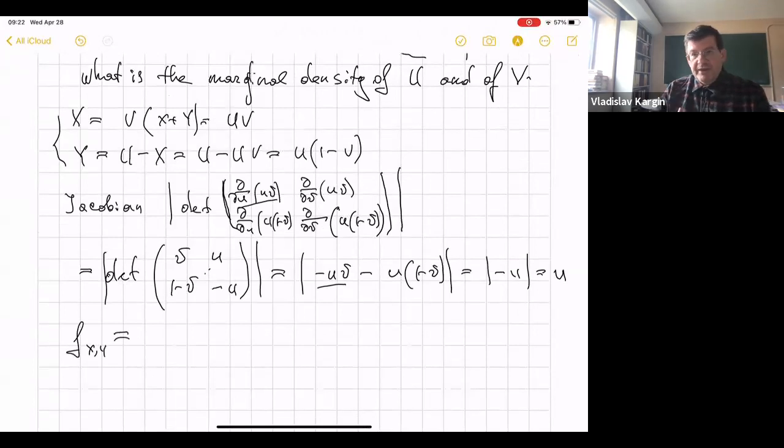These are two independent exponentially distributed random variables. So it's equal to e to the minus x, the density of one random variable, multiplied by e to the minus y, the density of the other. And x and y should both be greater than 0, or 0 otherwise.